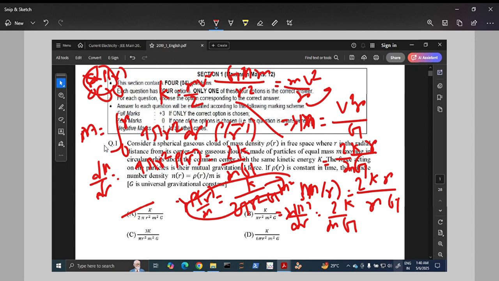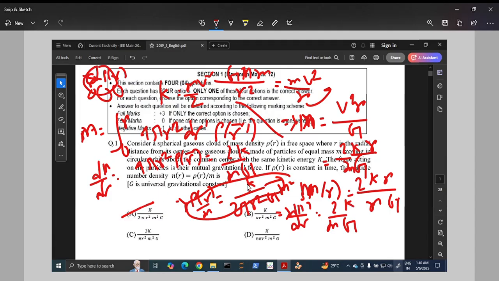So for this reason I have to differentiate M with respect to small r. From this equation, M is equal to v squared r by G, with v squared replaced using K. Then I just equate this dM by dr and this dM by dr.